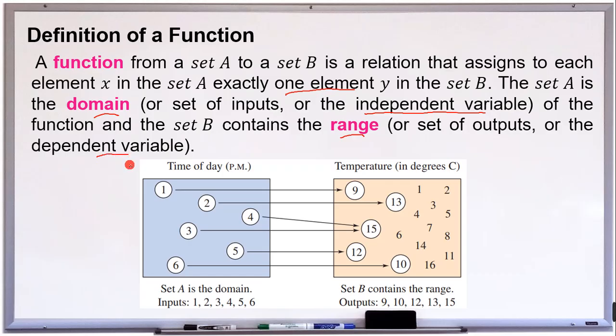Now, this concept is very important, because in our surroundings we have lots of variables that vary with other variables. Let's say, for example, the speed of the car varies depending on the amount of fuel that is being consumed by the engine.